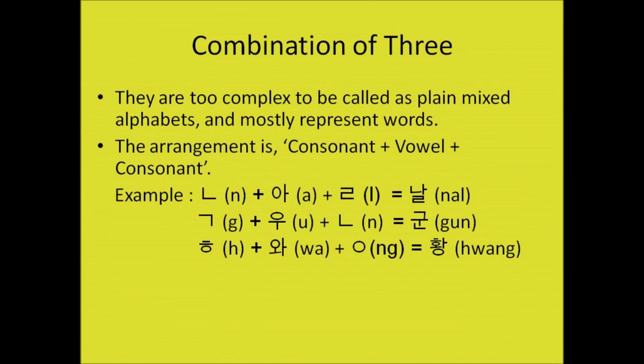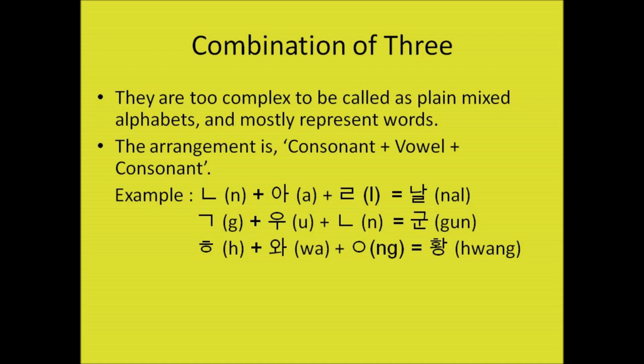Now, coming to the combination of 3 alphabets, they are too complex to be called plain mixed alphabets. They mostly represent words. The letter arrangement is consonant plus vowel plus consonant.